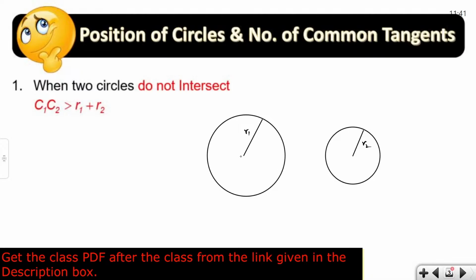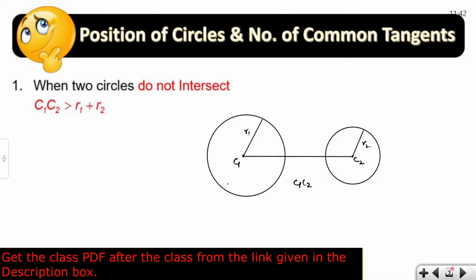Let us denote the center of the first circle as C1 and the center of the second circle as C2, and the distance between the centers is C1C2.